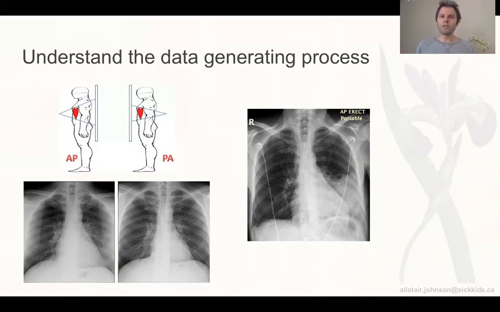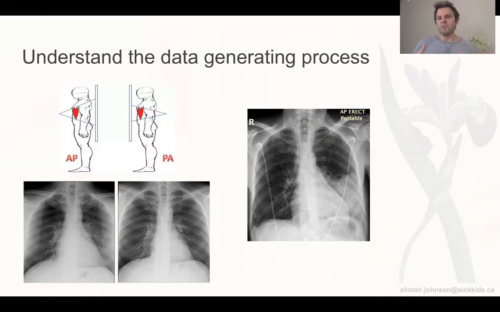So that's one big factor that we need to consider. Not all these X-rays are measured in the same way, and this could have an impact on our model's performance. And you can see a lot of different subtle aspects of the image which drive these differences.